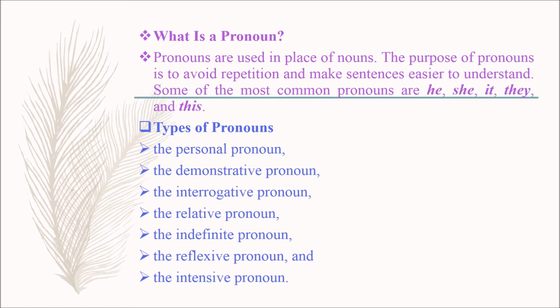Next, let's see types of pronouns. The first type is the personal pronoun, the demonstrative pronoun, the interrogative pronoun, the relative pronoun, the indefinite pronoun, the reflexive pronoun, and the intensive pronoun.